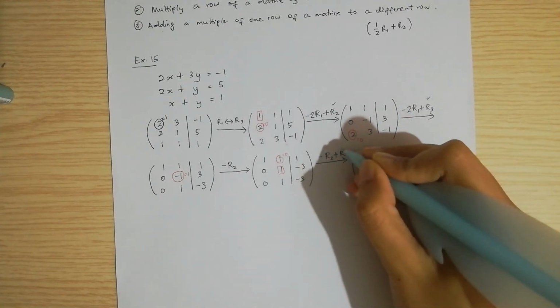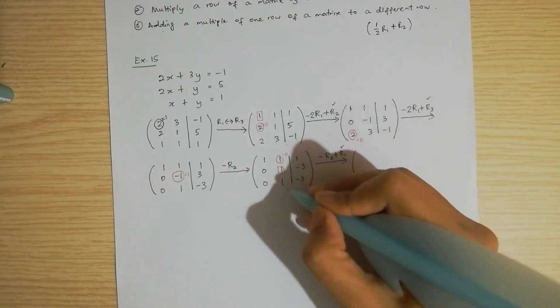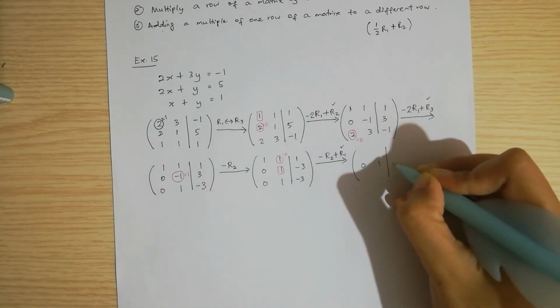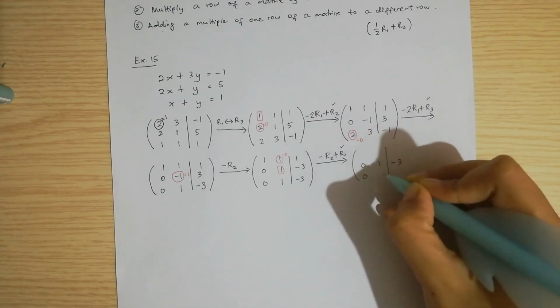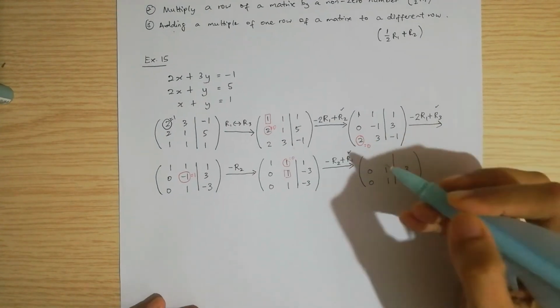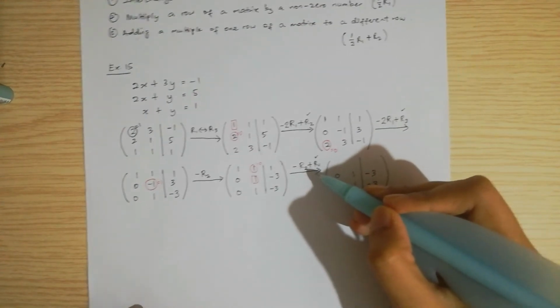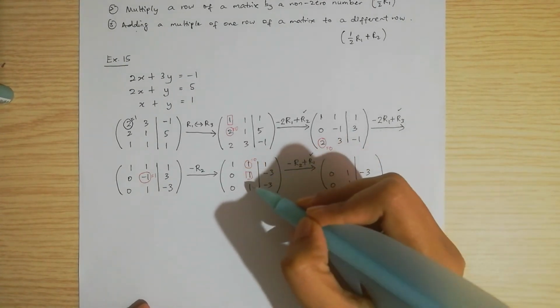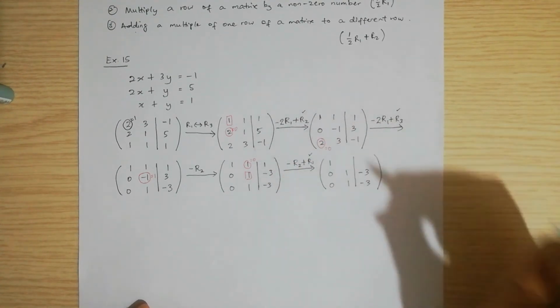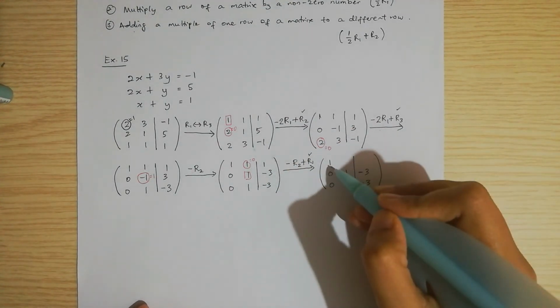So we just change row 1, row 2 and 3 stay the same. So let me just write again row 2 and row 3 first. Okay. So negative R2 plus R1. Negative 0 is 0, plus 1 is still 1.